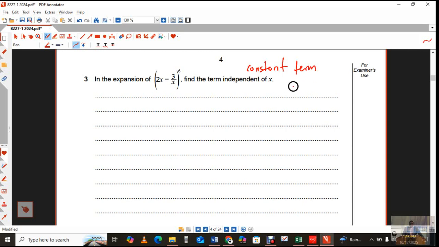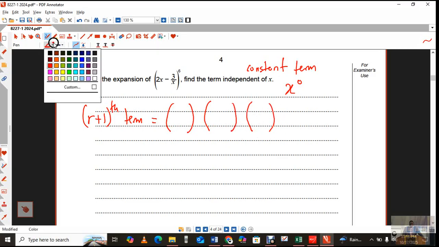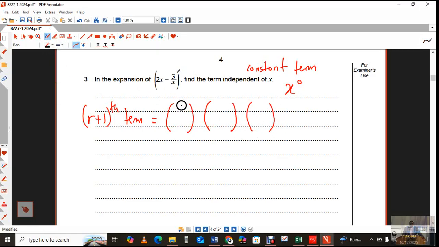The constant term in terms of x will be something of x raised to the power of 0. Because the power of x will equal 0. That's what we're going to have. Right, so the way you do this, you're going to say the r plus 1 term, that is going to be, I'm going to have my 6 choose r, which is what I do not know.